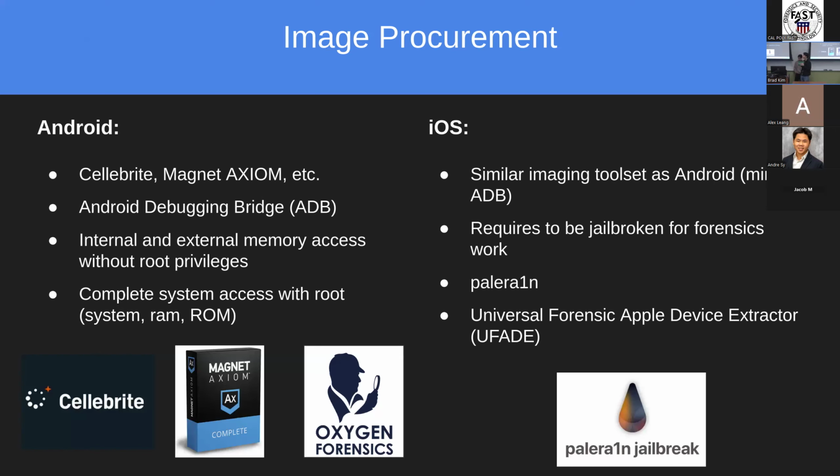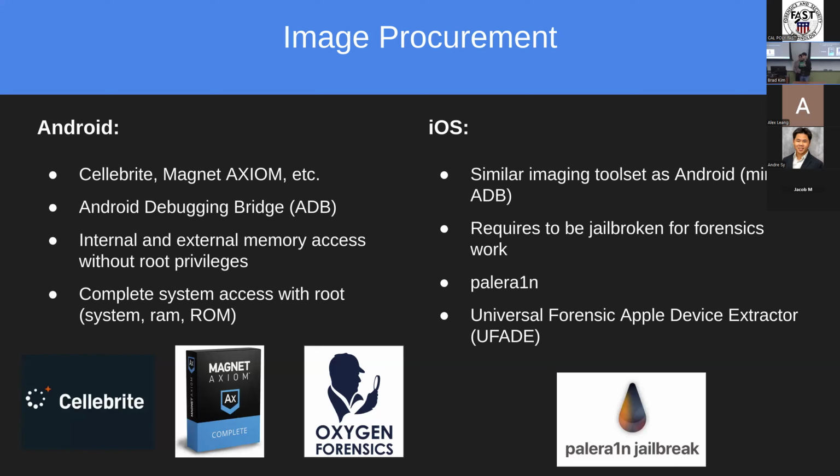But if you want complete system access to things such as the device cache and the device memory, RAM, you will have to root your device. And there are several ways to do that. They will differ from device to device, but there are a lot of ways to root an Android device.